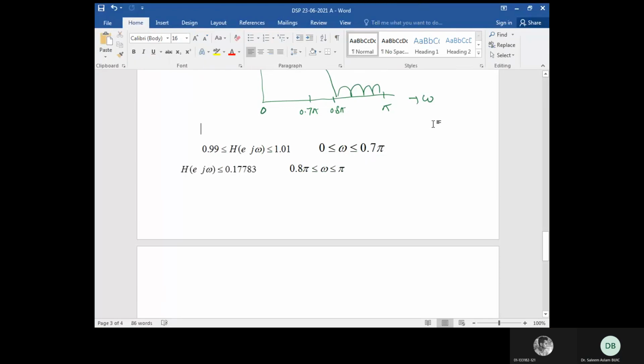0 to 0.7, exactly. Because if you remember from the low pass filter, the magnitude in the passband is exactly close to 1, and the magnitude in the stop band is close to 0.